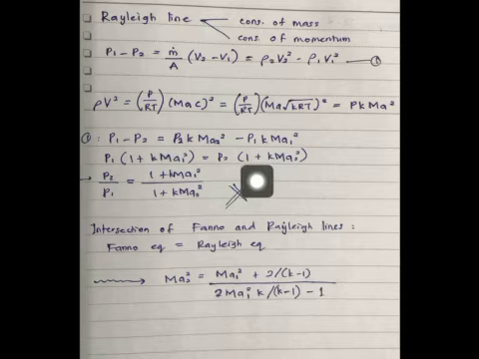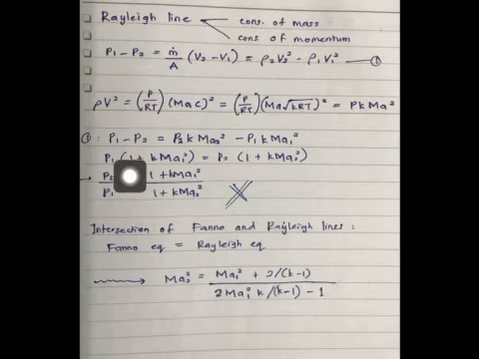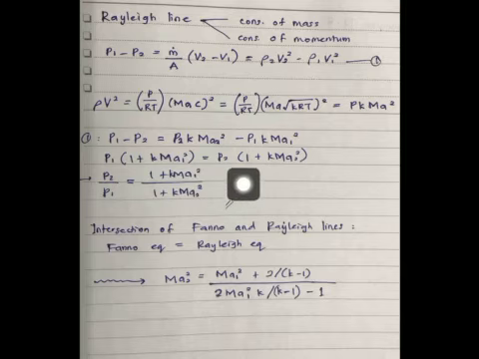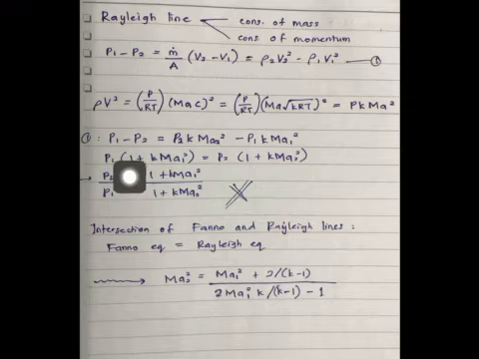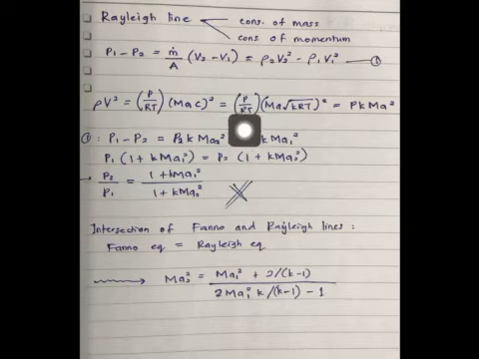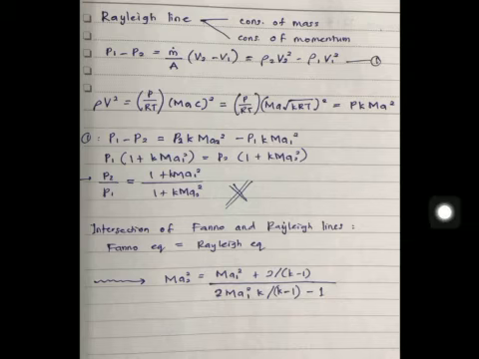So we rearrange according to the initial condition and the final condition. The initial is 1 and the final is 2. So after we rearrange, we can compare the two conditions, the pressure at the end and the pressure at the beginning. So this is the formula that we can get for the Rayleigh line.